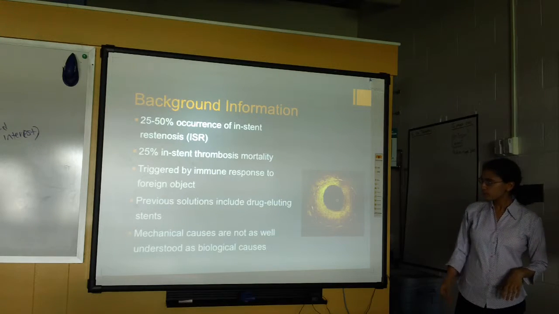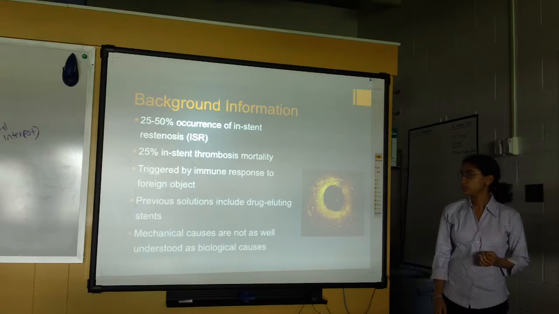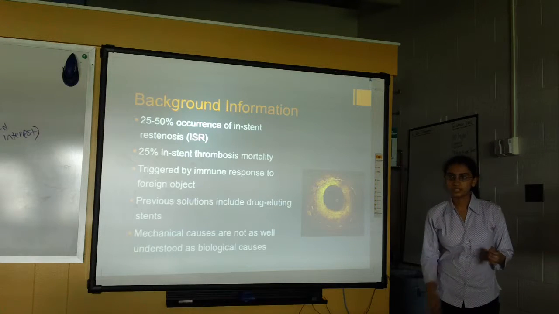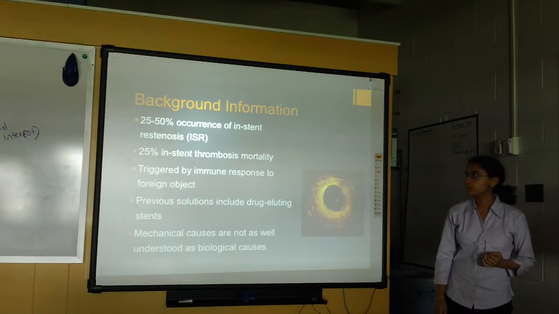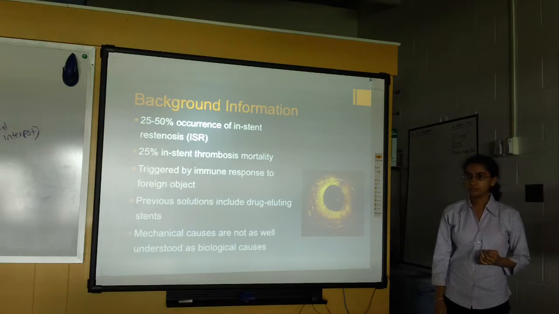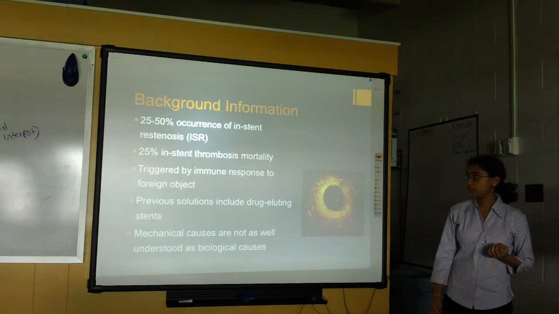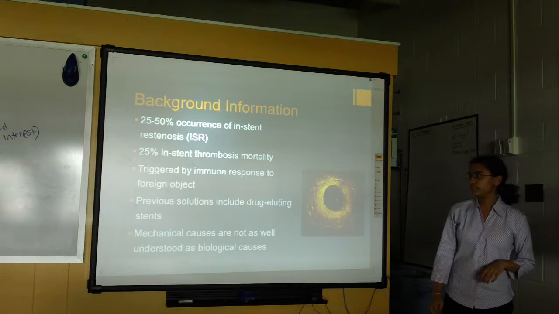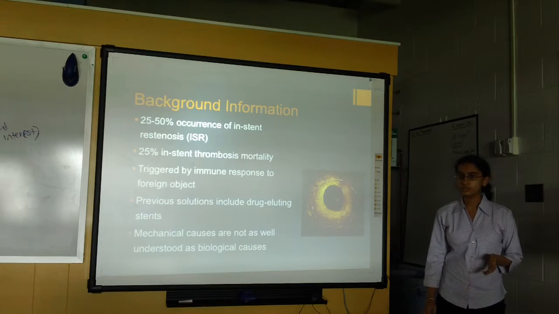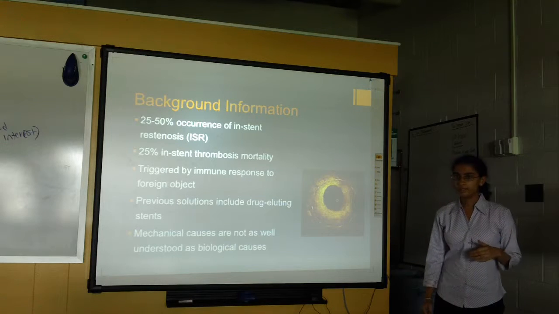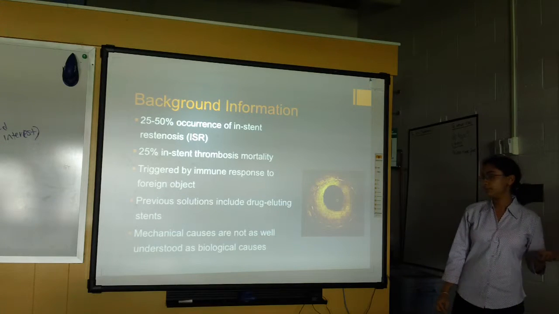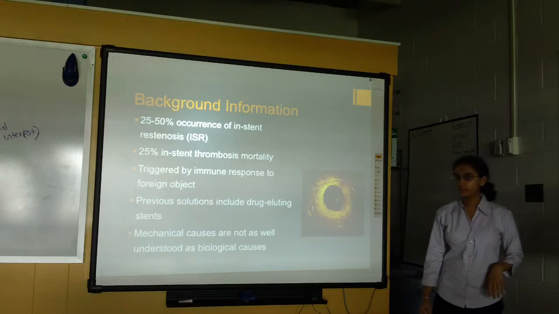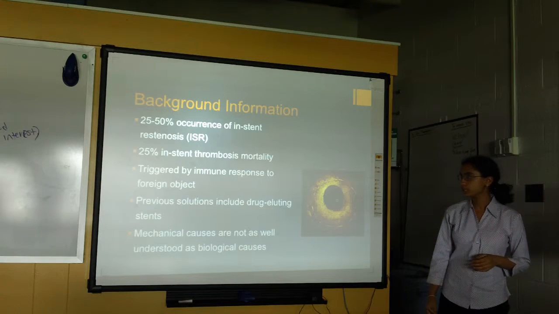The really fatal one would be in-stent thrombosis. That's when blood clots form inside the vessel, and both of them are particularly common complications with stenting. Some previous research indicates that it's triggered by an immune response to the damage to the vessels that these stents can cause, and people have looked into drug-eluting stents to fend off that immune reaction.